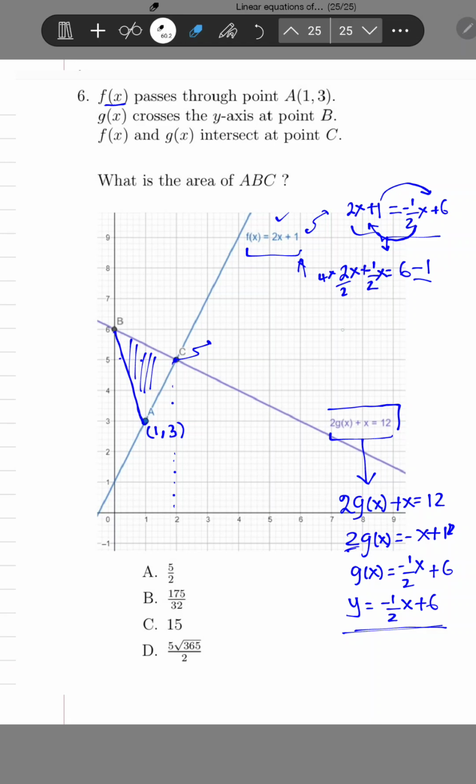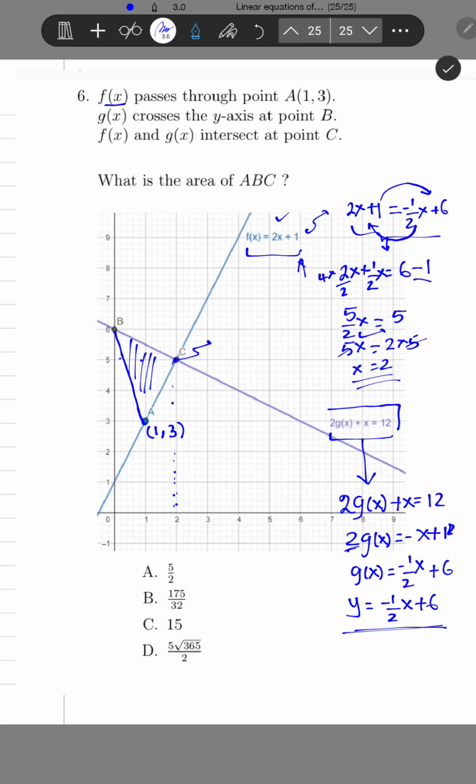So 5 over 2 x is equal to 5. 5x is equal to 2 times 5. Then x is equal to, I divide both sides by 5, 2. Now I have the value of x, which is 2. Good, the graph also agrees with that.